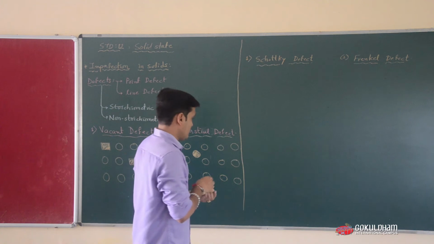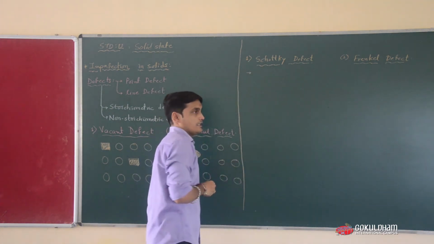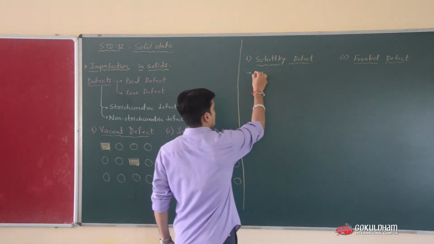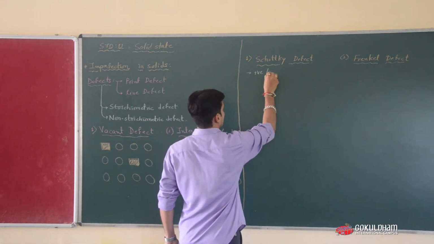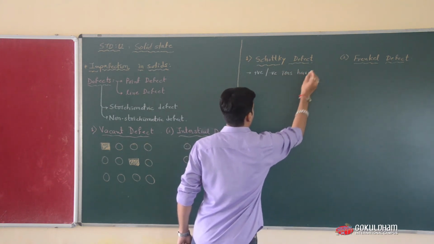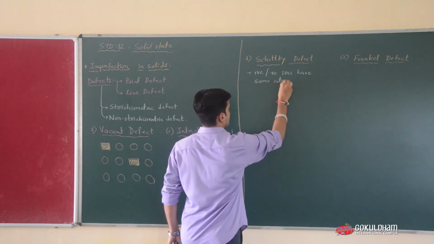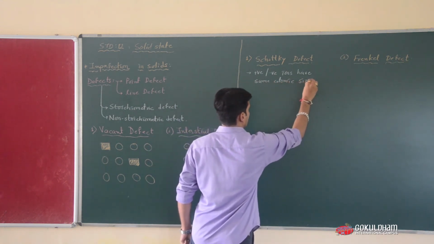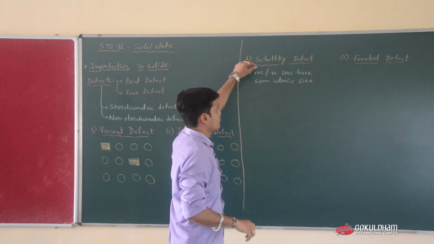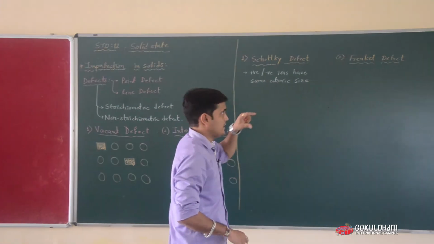When Schottky defect shows in a crystal, the positive and negative ions have the same atomic size.